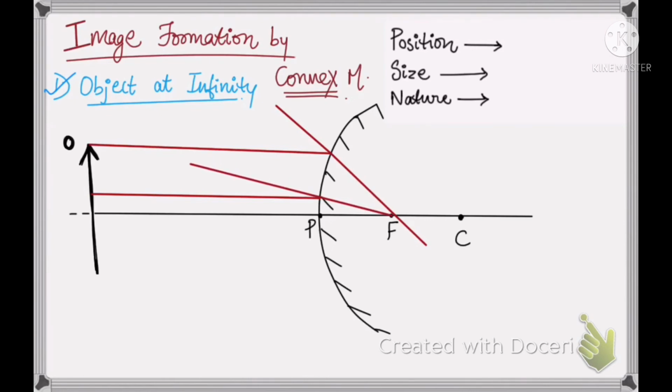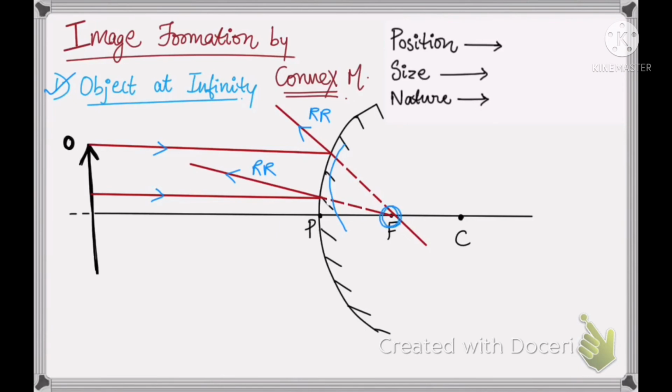Yes, this way. And now let's mark the arrows. This is the incident ray, this is the reflected ray, this is the incident ray, and this is the reflected ray. So now when we see these both, just don't see this part. In the front part, we can see the reflected rays are never going to meet. So we'll extend them backward, and when we extend them backward, we can observe that they both meet at the principal focus.